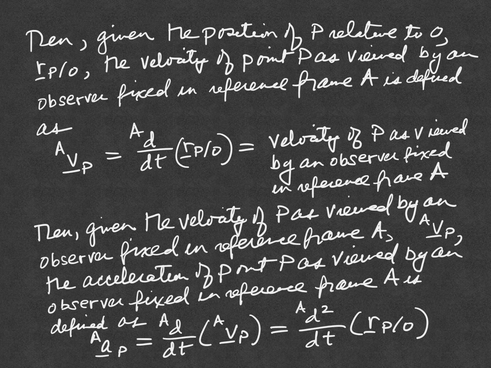So in this case, the reference frame is A, point O is fixed in A, and I can take the rate of change of the position of P relative to O in frame A and get the velocity of P in frame A because point O is fixed in frame A. So we're going to say that just a little bit more completely right now on the next page.